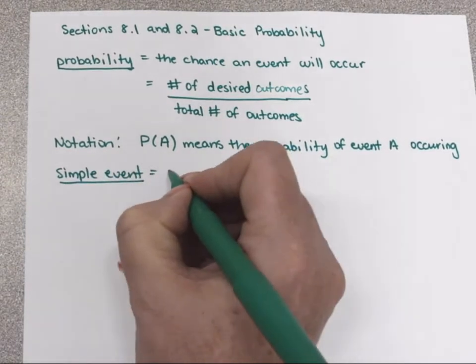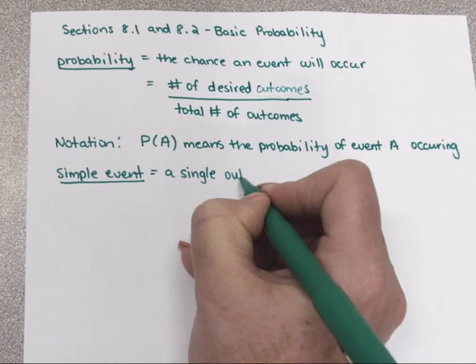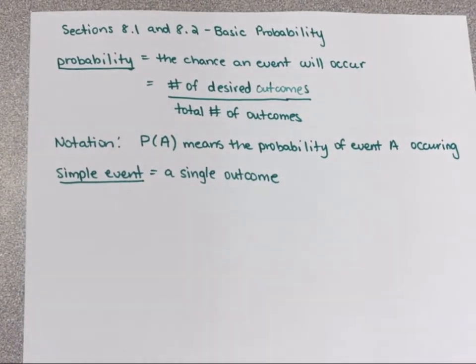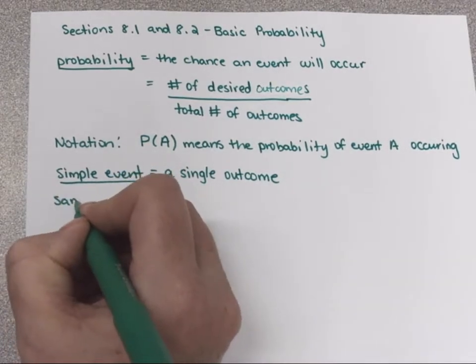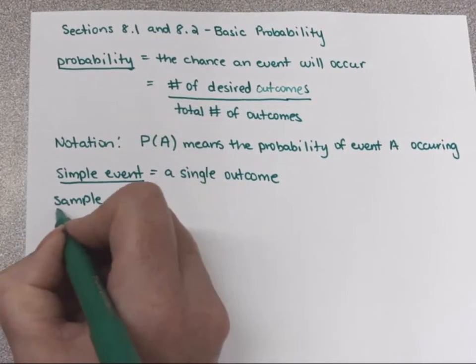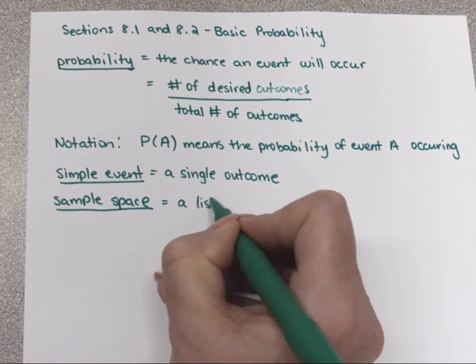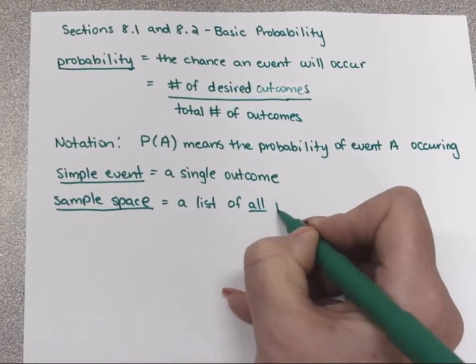Simple events is where we're looking for single outcome scenarios, as opposed to compound outcome scenarios, which we'll look at as well, but just not right now. And then lastly, before we look at an example, a sample space for a probability experiment is basically a list of all possible outcomes.